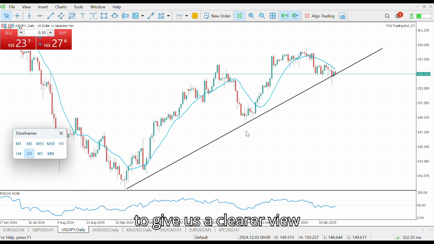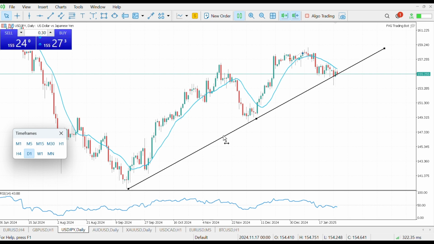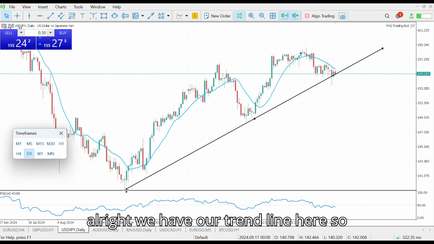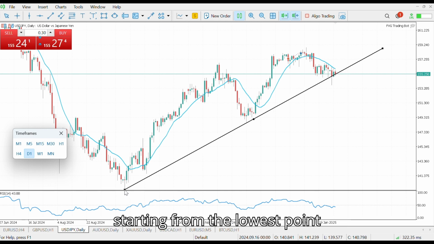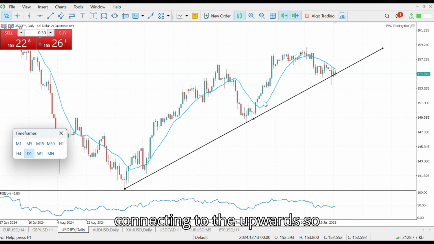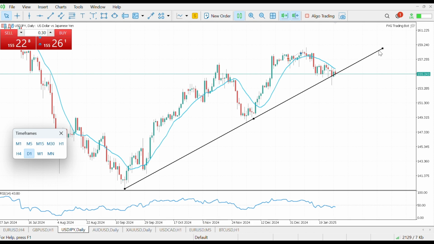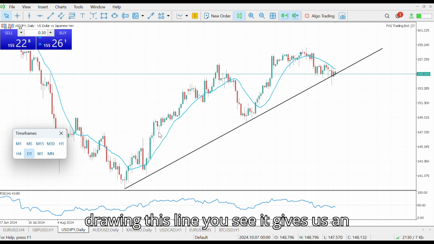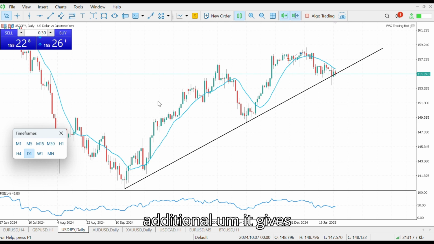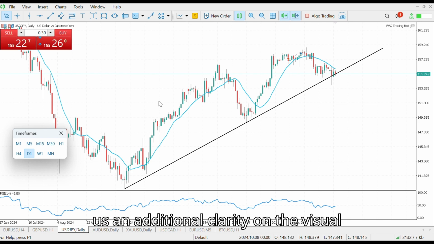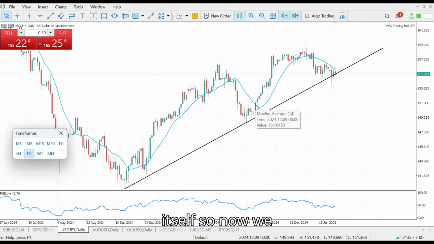This will give us a clearer view. Alright, we have our trend line here, starting from the lowest point and connecting upwards. Drawing this line gives us additional clarity on the visual itself.